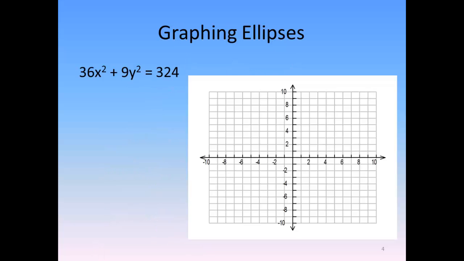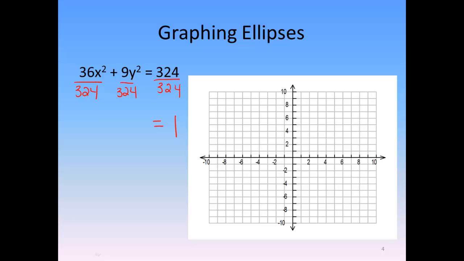Well, if we wanted to graph this ellipse here, first thing I notice is this thing does not equal 1. And so I'm going to put it in standard form by dividing everything by 324. Okay, so this will put me in standard form equals 1.